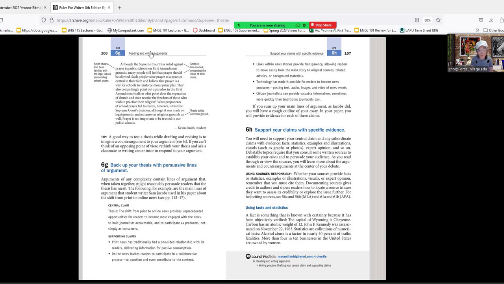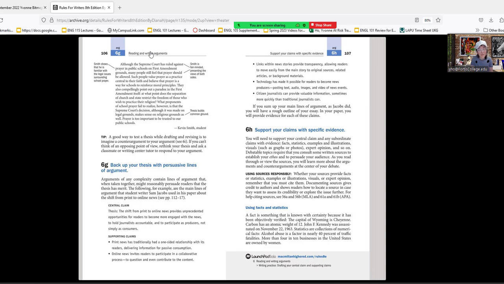Using facts or statistics. A fact is something that is known with certainty because it has been objectively verified. For instance, the capital of Wyoming is Cheyenne. Carbon has an atomic weight of 12. John F. Kennedy was assassinated on November 22, 1963. Statistics are collections of numerical facts.